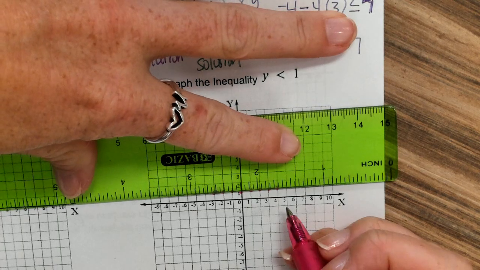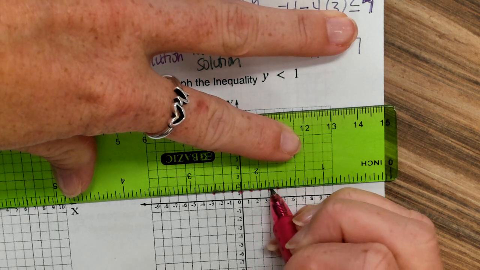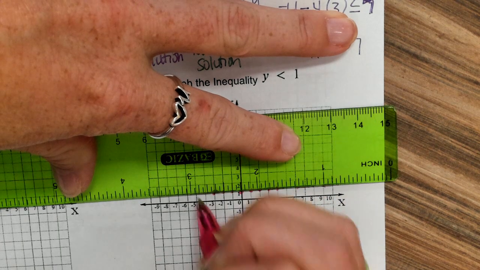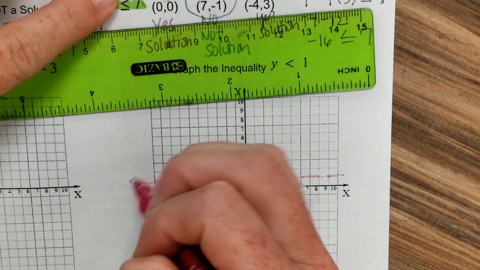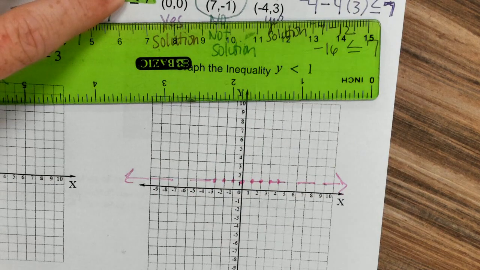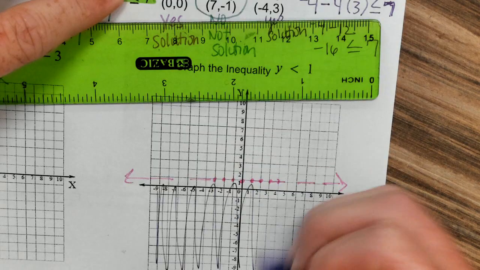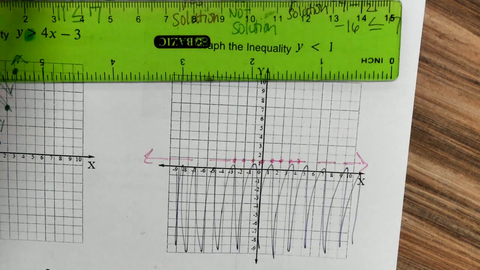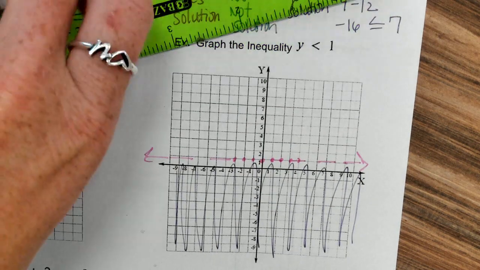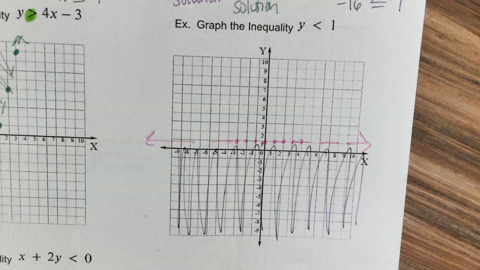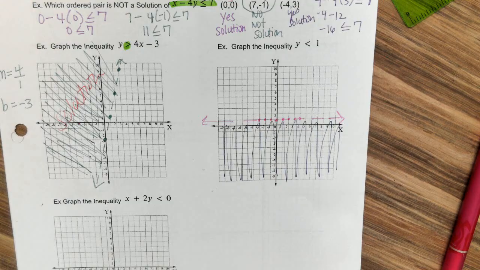So I'm going to make a dashed line. Make sure we can clearly see it's dashed. And I'm going to shade below. Questions, comments? What do y'all think?